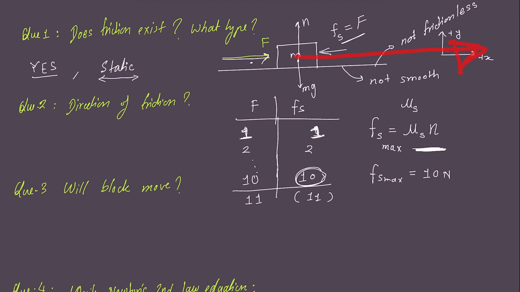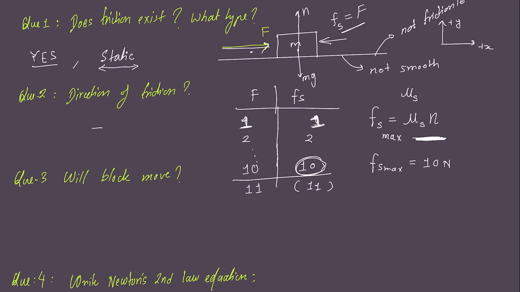Therefore the friction force will be on the left side, in the minus x direction. That is the direction of frictional force. It always opposes motion, or it always opposes tendency of motion. So the direction of friction will be minus x direction because the force is in plus x direction.